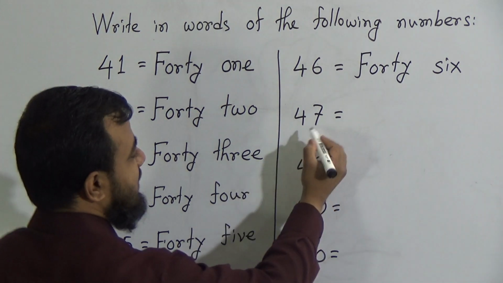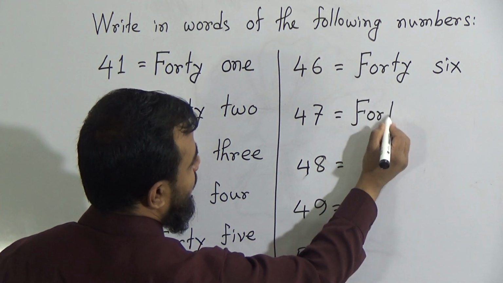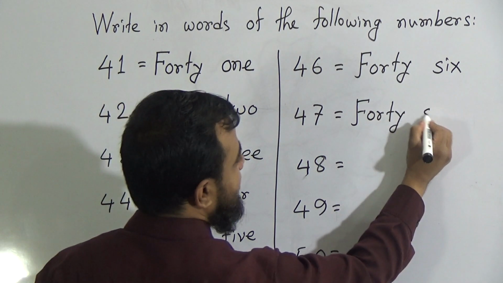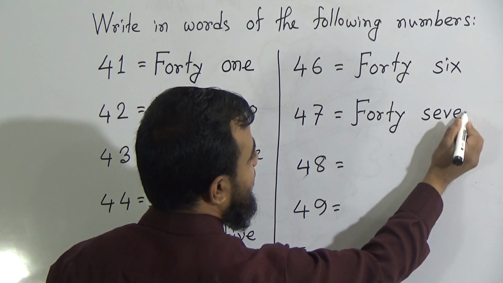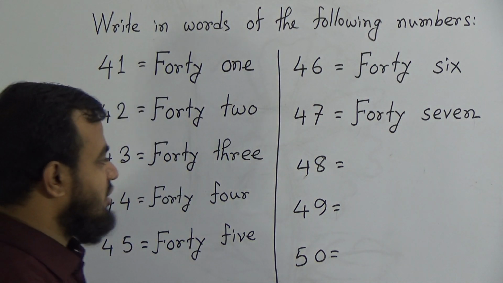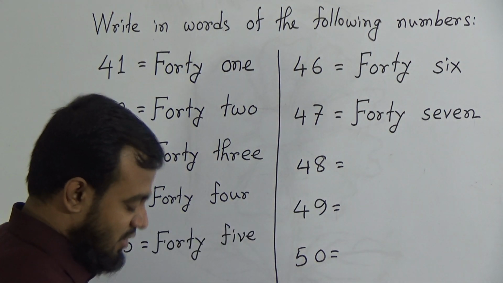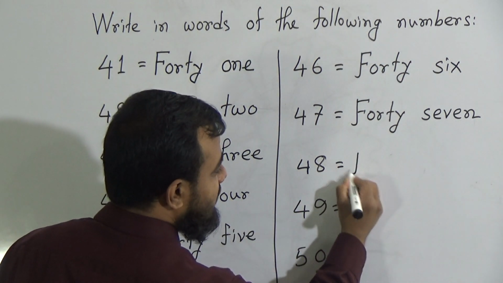The next number is 47. The spelling of 40 is F-O-R-T-Y, 40, then 7. The spelling of 7 is S-E-V-E-N, 7. So easy, okay. Now we should write down the spelling of 48. The numbers 4 and 8 make 48.